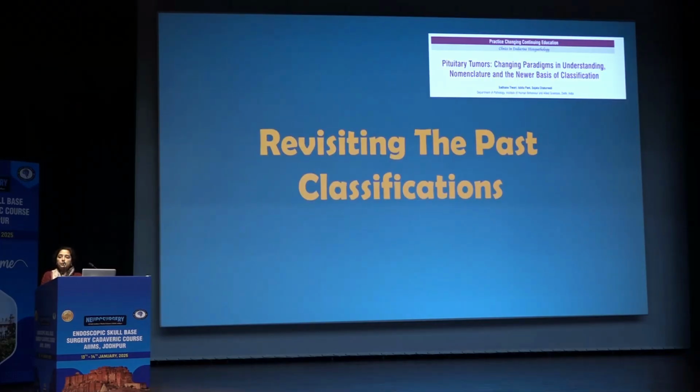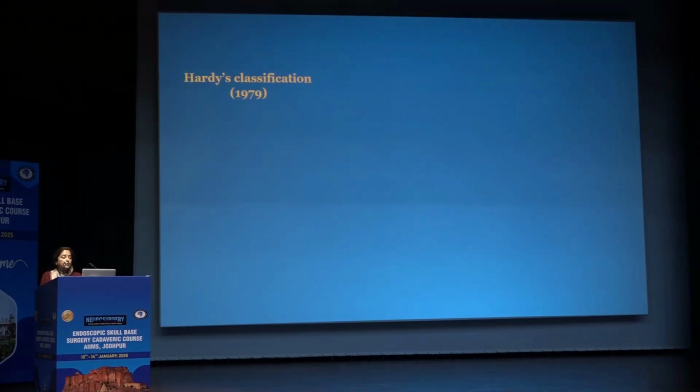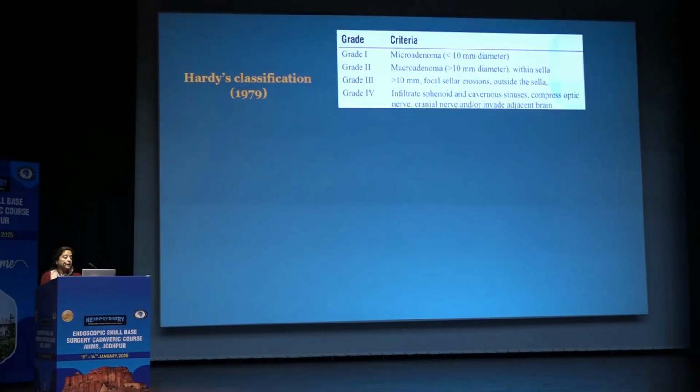Before I come to the 2022 classification, let's have a quick look at the past classifications that I hope most of you must have heard of or come across. The first classification was given by Hardy in 1979, which gave 4 grades of pituitary adenomas, and it was based on the size of the tumor and the cellular disruption.